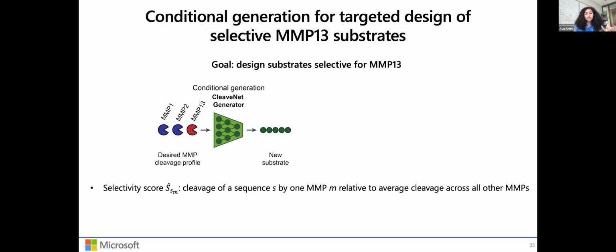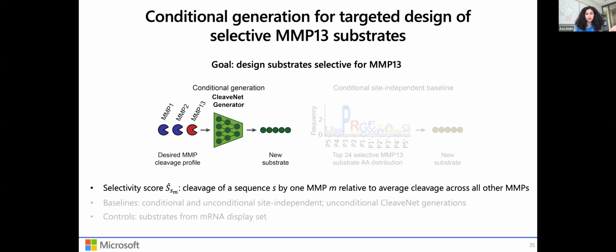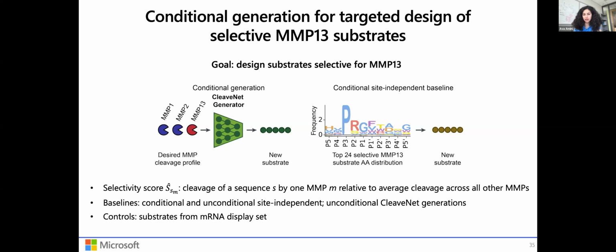And again, we want to consider the performance of our CleaveNet conditional generator relative to a series of baseline approaches, where now we up the ante a little bit further and consider not sampling site independently from the total distribution, but rather looking at just the top 24 most selective MMP13 substrates and performing the same site independent sampling, and also comparing to generations that were produced unconditionally from CleaveNet.